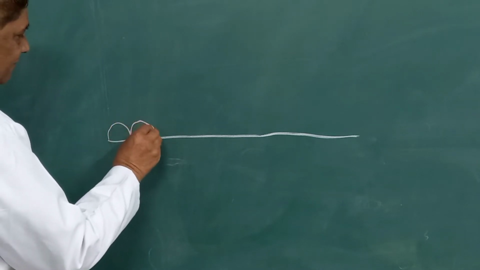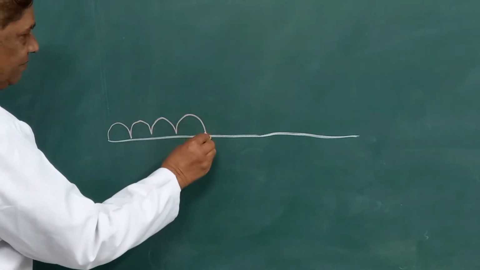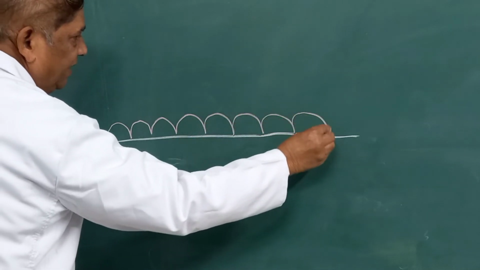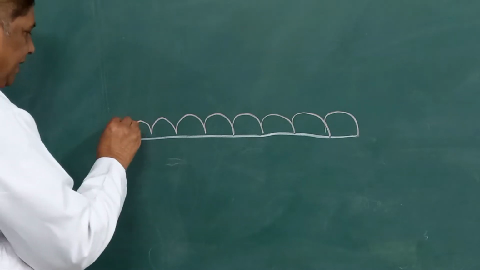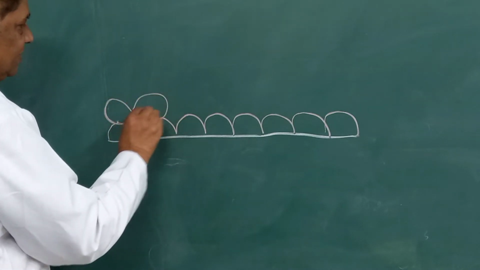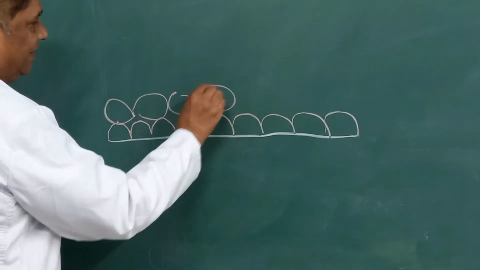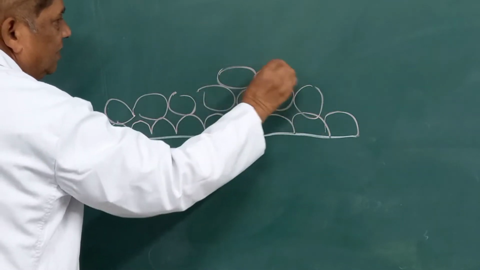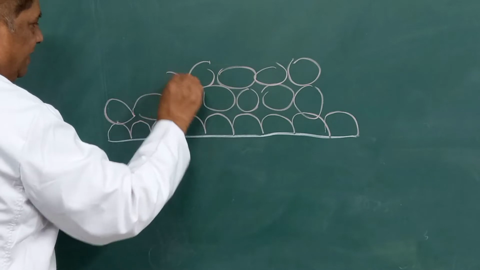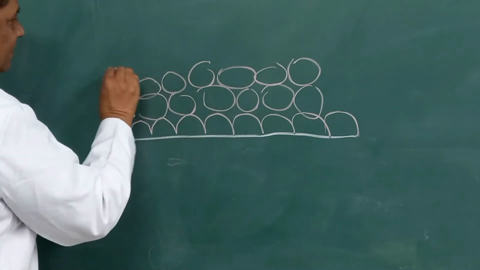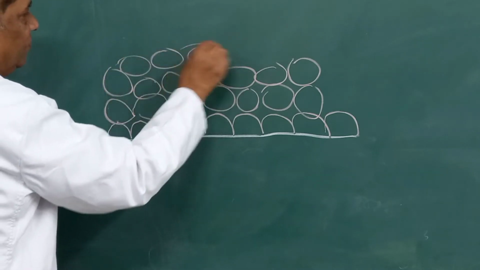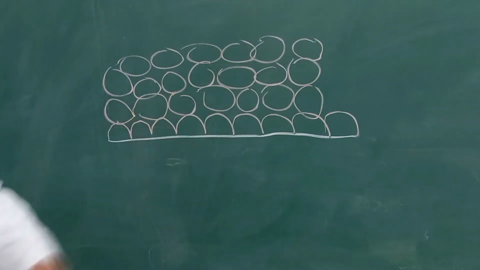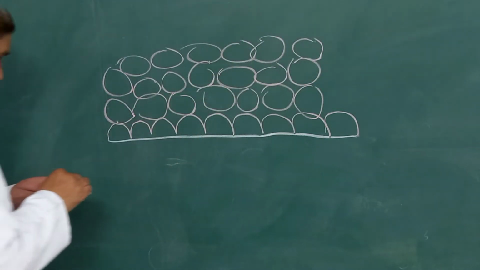Some of the cells will be attached to the basement membrane with hemidesmosomes, and they may be cuboidal, rounded, polyhedral. Then there will be a second layer of cells, then a third layer of cells, which are also rounded or polyhedral cells, and in this way it will be a 4 or 5 layers thick epithelium.